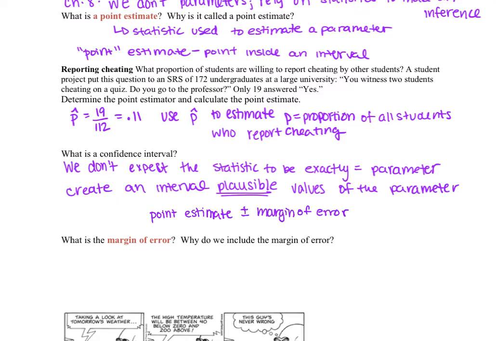So you've got this interval with endpoints, and your point estimate is in the middle, and this distance from the center to the edge is your margin of error. We include a margin of error because it accounts for the variability due to random sampling.